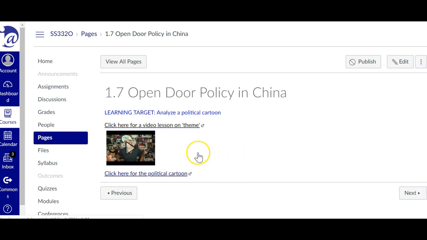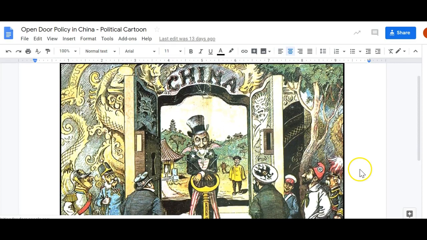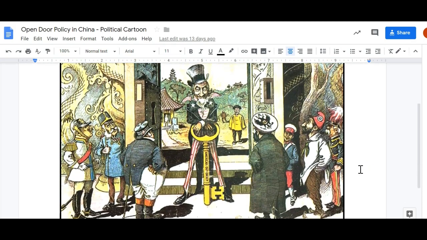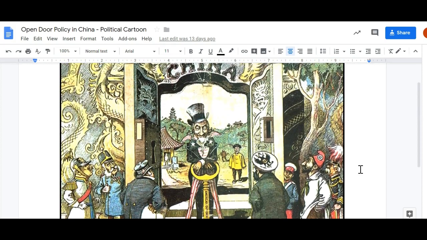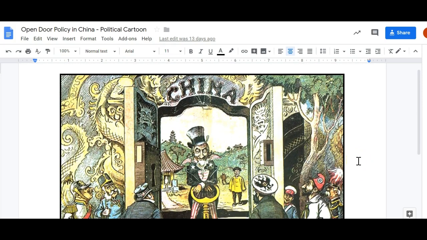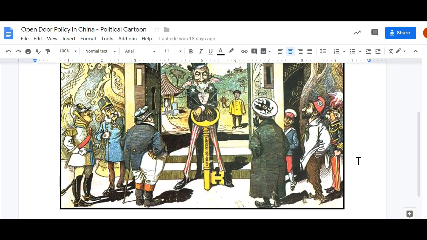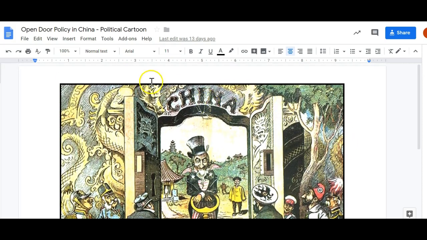Now, before we get to that, I'm going to click on the political cartoon that you are going to be using. And here it is. Now, before you start, you always want to look at political cartoons inch by inch, detail by detail. And what I mean by that is first you'll take a look at the whole thing like we just did. And then you're going to look at it from top to bottom.